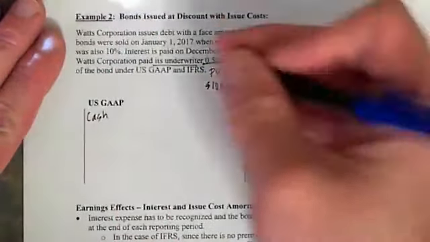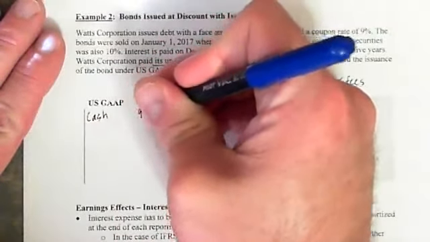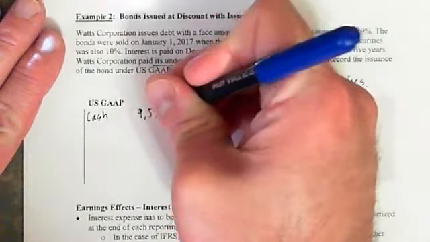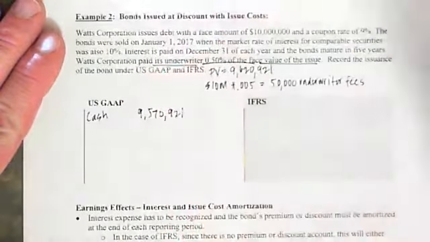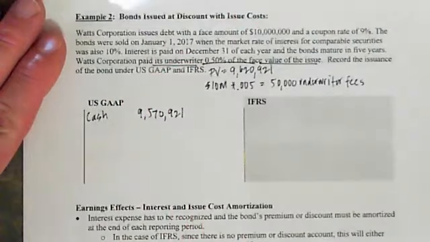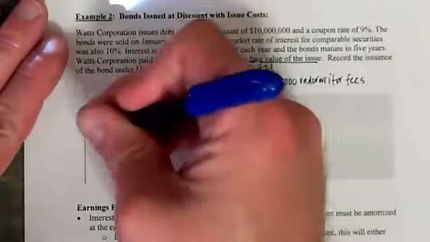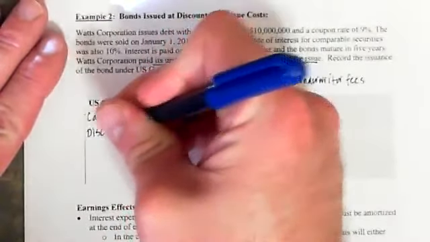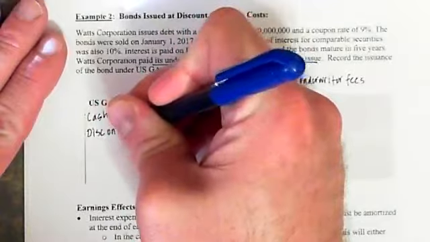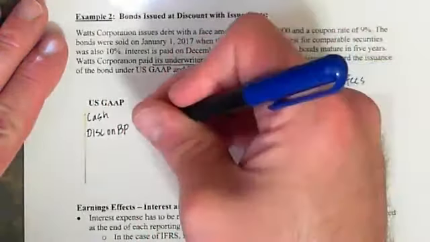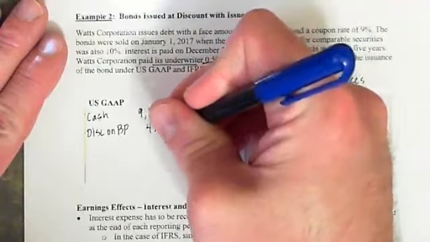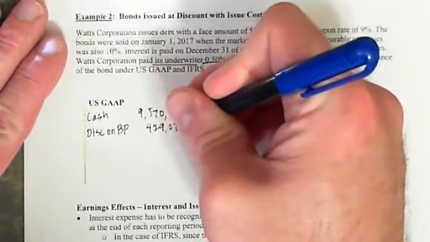But now, because we have $50,000 of underwriter's fees, we're going to reduce the cash amount by that $50,000, which would give me $9,570,921. The other thing that's going to be impacted is the discount. The discount is going to absorb that $50,000. It was $379,000. It's now going to be $429,079.